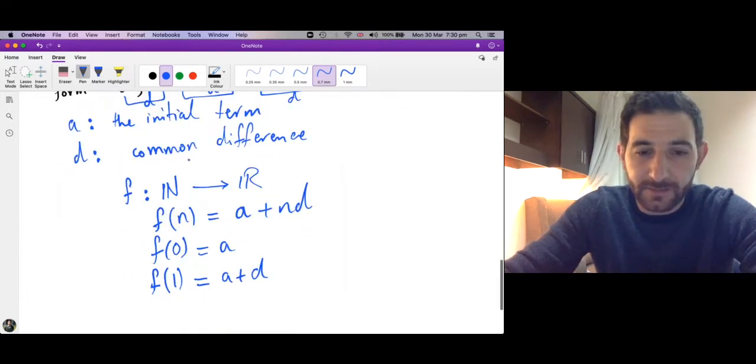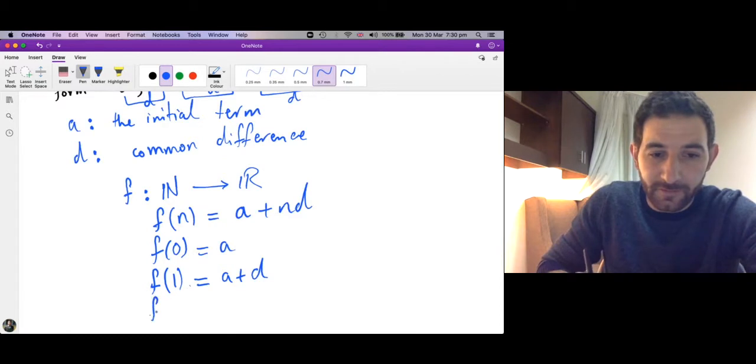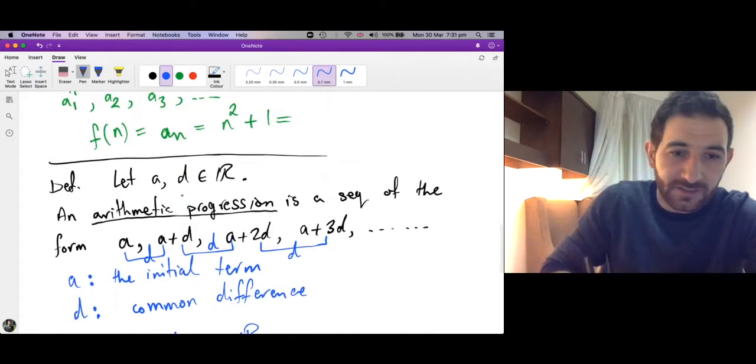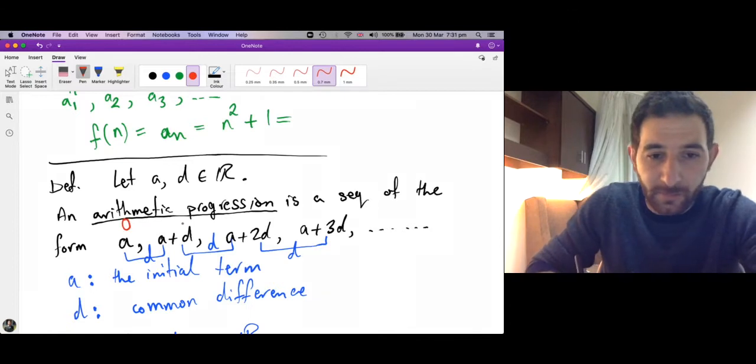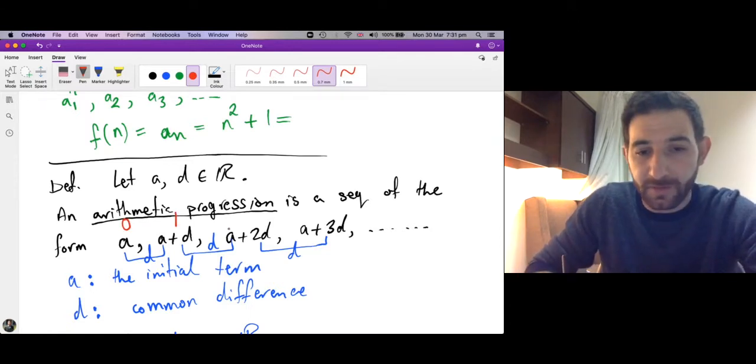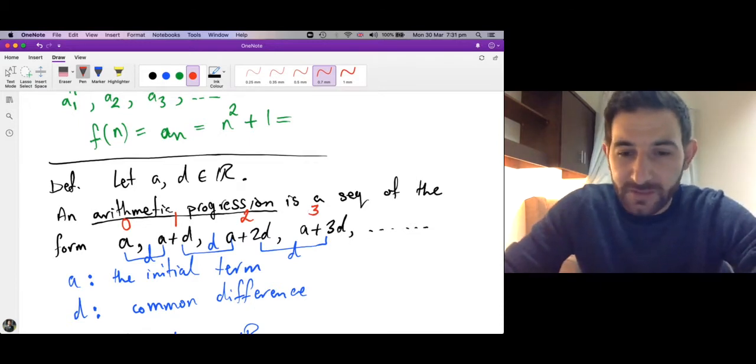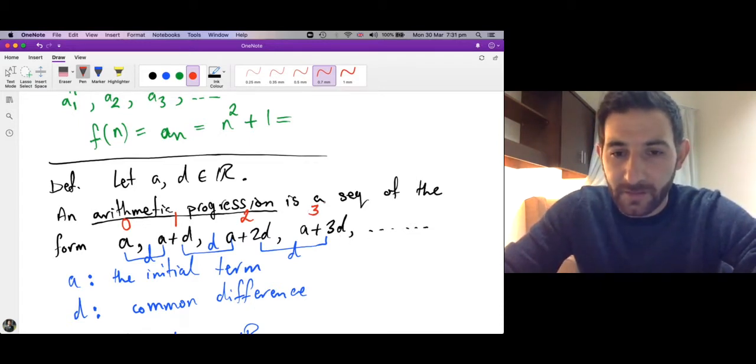And f of 2 is a plus 2d. So a is the 0 term, a plus d is the first term, a plus 2d is the second term, and this is the third term. So what is the term at index 3?